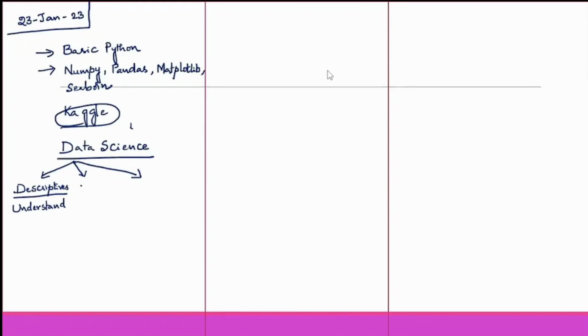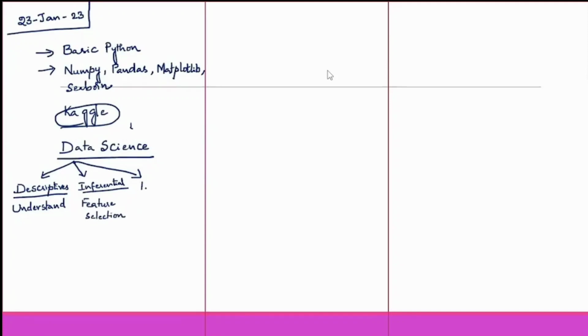Then you try to do a kind of inferential. In inferential, we try to understand relationships in the data, which has something to do with what is called feature selection.